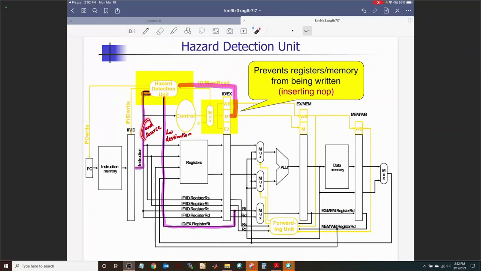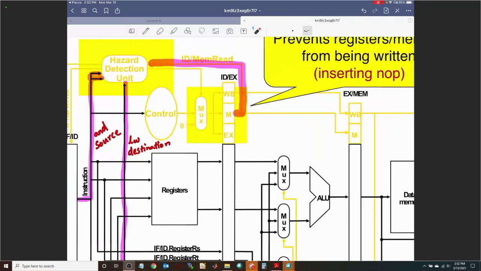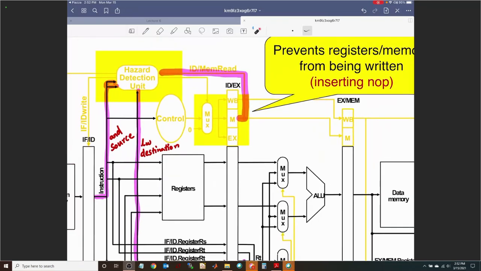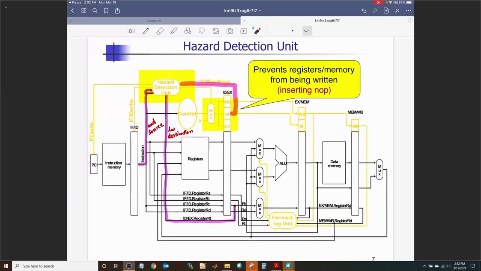And if I detect that these two are matching, the load word destination and one of the sources of the next instruction, then what I can do is this. I can make all my control signals go to 0. That is as if I am working on a NOP, no instruction. So I'm essentially stalling by using NOP.